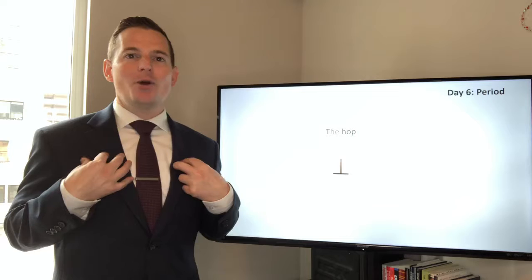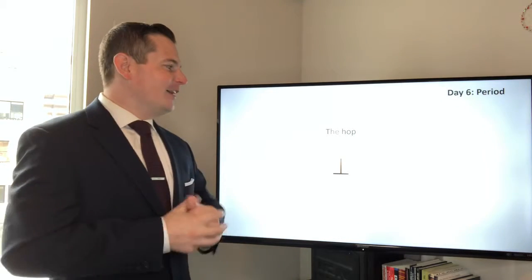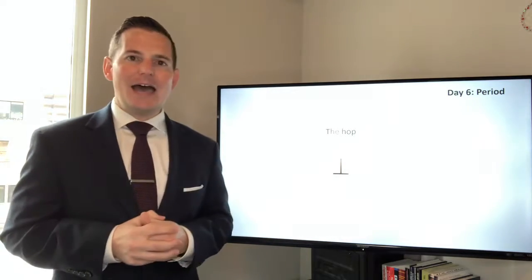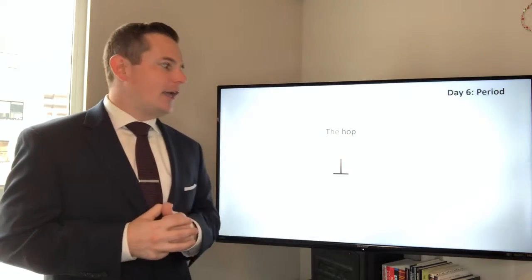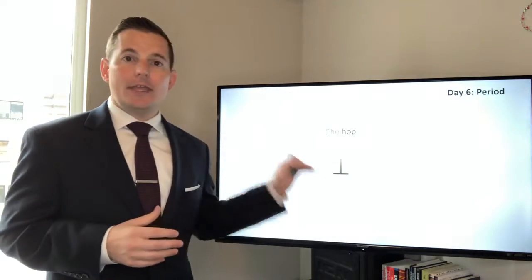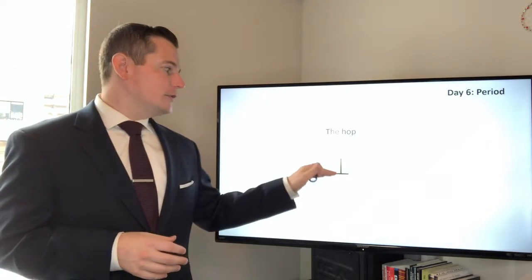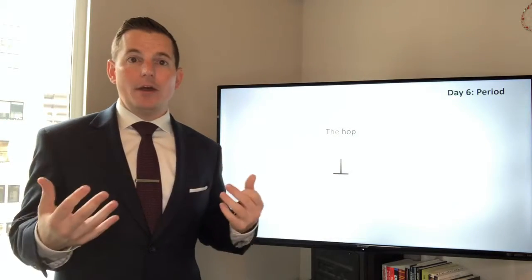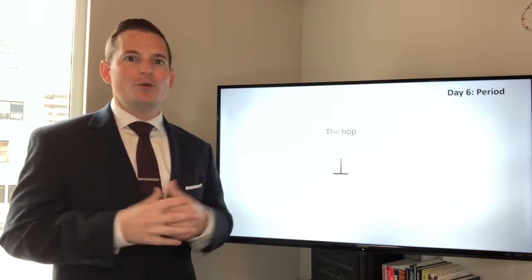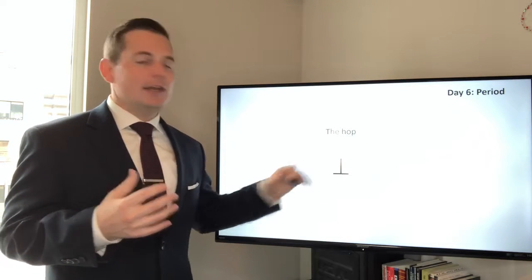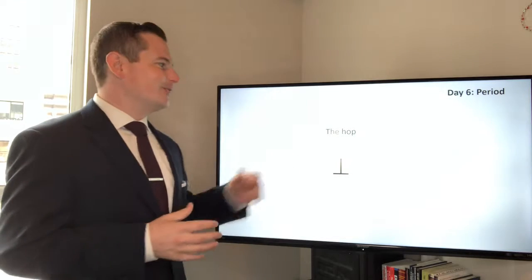These are my own terminologies, but really what you need to know about the hop is that it tested the high, right? It set a new high, it went up a little bit, and then it came back down. So it opened and closed at the same price, but it went up in the period. It just happened to retrace the up movement and went right back down, and it closed at that, right?